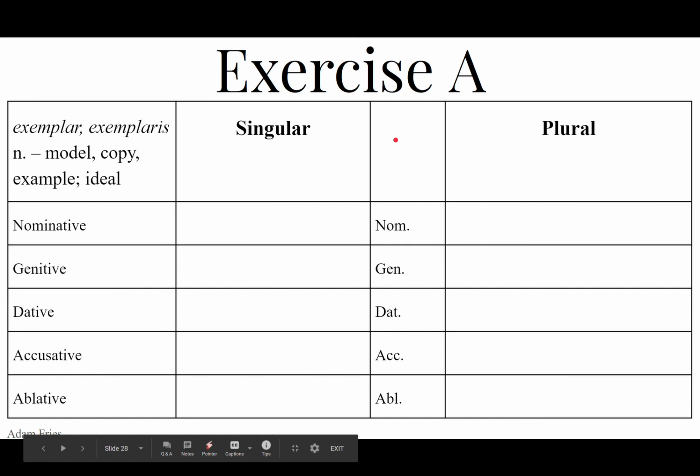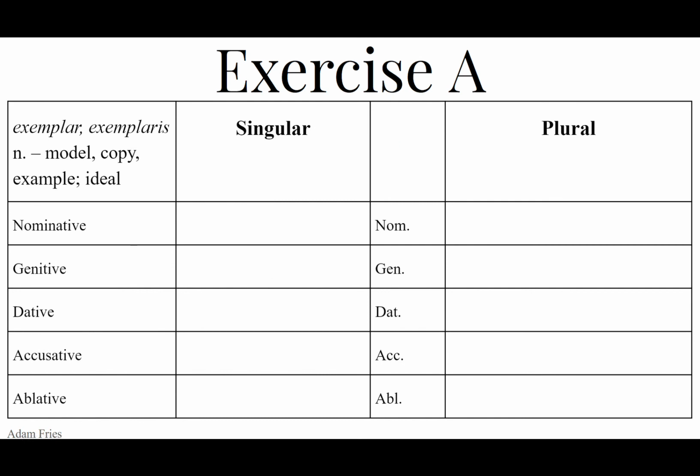Exemplar, exemplaris, neuter, model, copy, example, or can mean the ideal, the exemplar. All right, so what declension is it? It is a third declension neuter. Is it an I-stem?